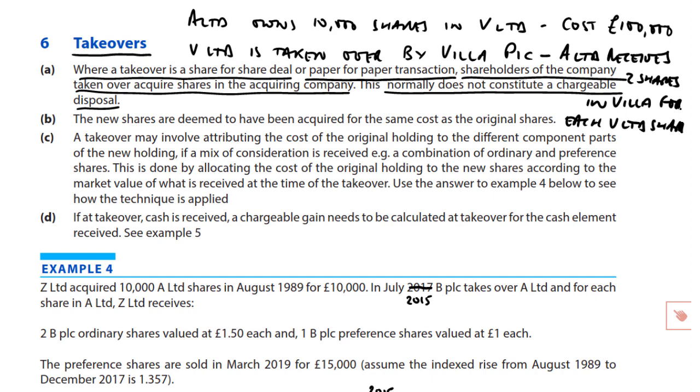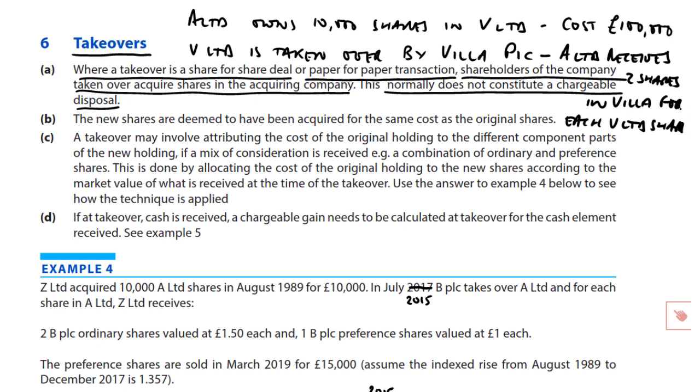So A Limited owns 10,000 shares in V Limited, and they cost A Limited £100,000 when originally purchased. V Limited is taken over by Villa PLC, and what are the terms of the takeover? A Limited, the shareholder, receives 2 shares in Villa for each V Limited share held.